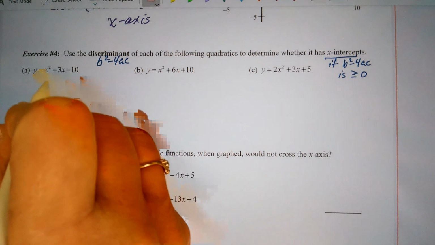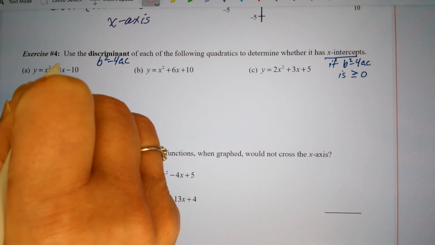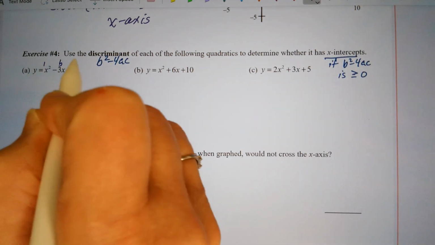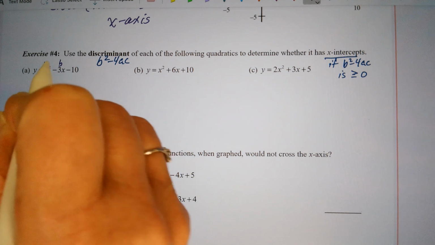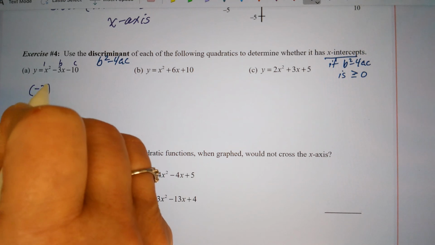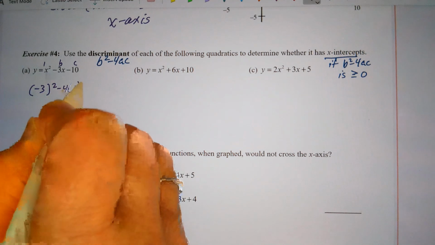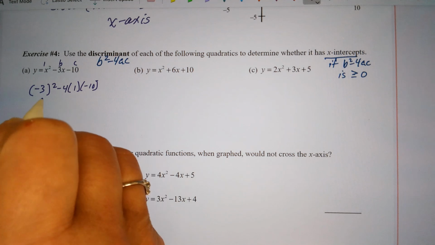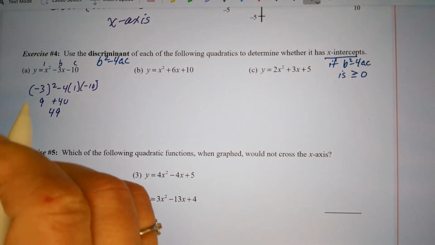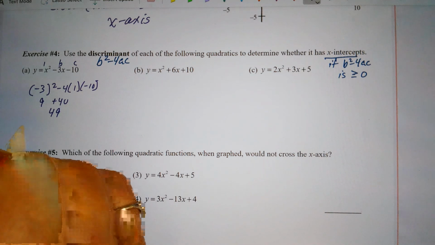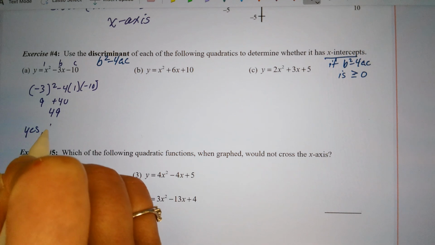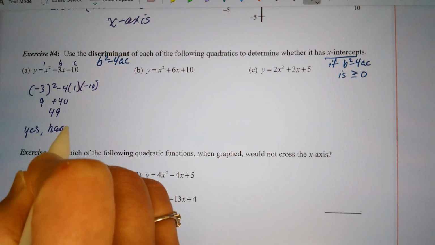Okay, so we only want the b squared minus 4ac part, so b is negative 3, a is 1, and c is negative 10. So negative 3 squared minus 4 times 1 times negative 10, that's 9 plus 40. So that's 49. So yes, it has x-intercepts.